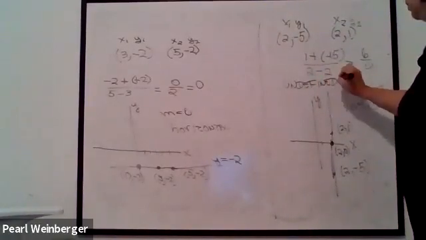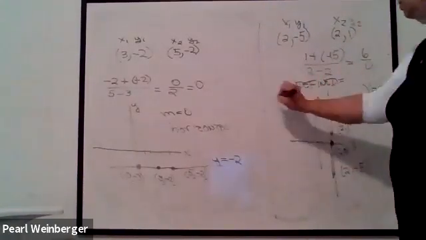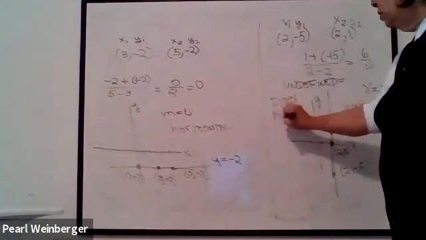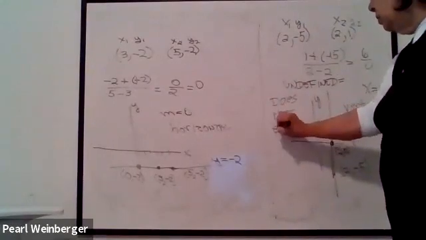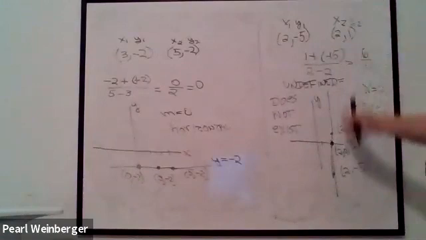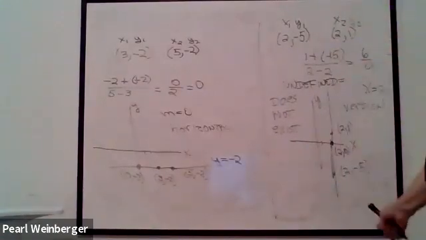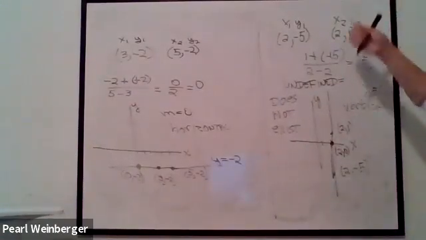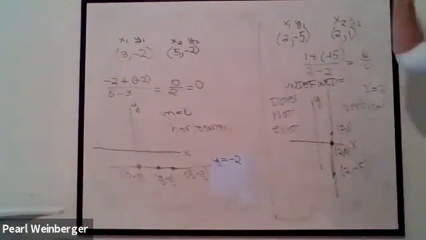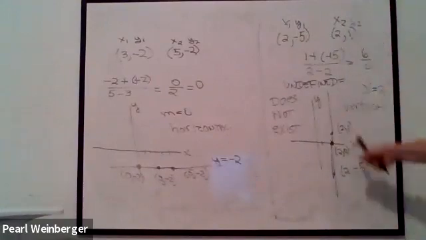Undefined is equivalent to saying does not exist. The one type of line that can't have a slope, because when you try to figure out the slope, you get a 0 in the denominator, is lines that go straight up and down, vertical lines.